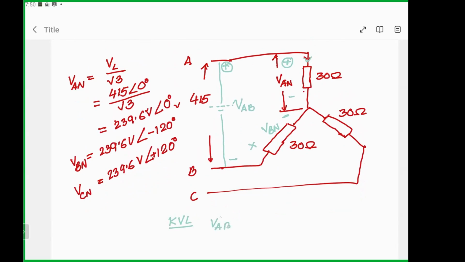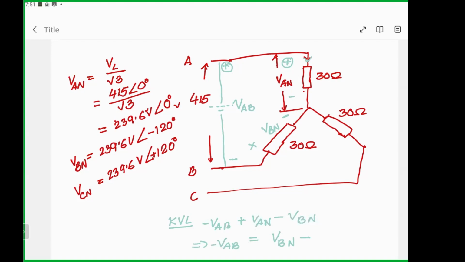So KVL would be: VAB, that will be minus, if I start from here, and then plus VAN and minus VBN. Let us write it in two steps.